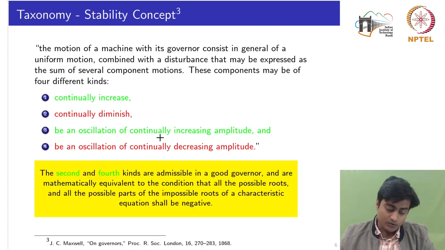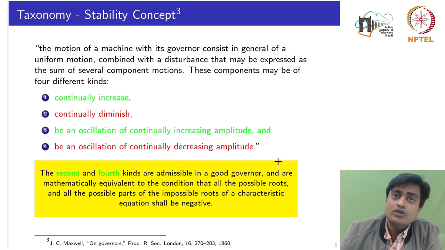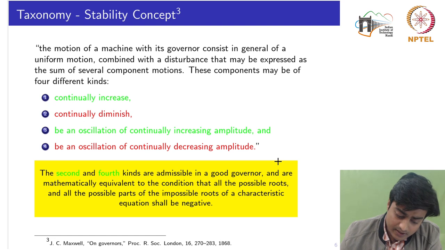So from your UG control course, you already know that the second and the fourth kinds are admissible in a good governor, because the response is diminishing to 0. This is mathematically equivalent to the condition that all the possible roots, and here the possible roots are the real roots, and all the possible parts of the impossible roots.